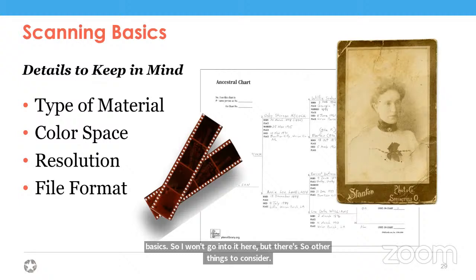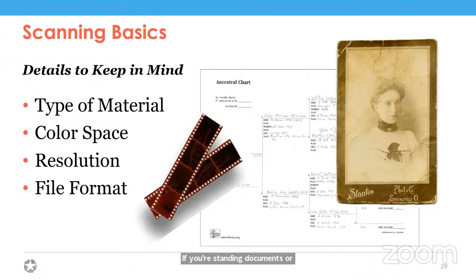If you're scanning documents or photos that are generally 4x6 or 5x7, you can scan that at 300 DPI or PPI for general purposes, or do it 400 or 600 DPI if you plan to enlarge the photos into a much larger size.